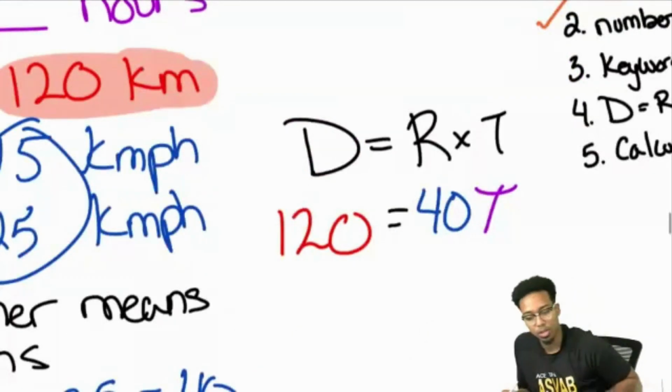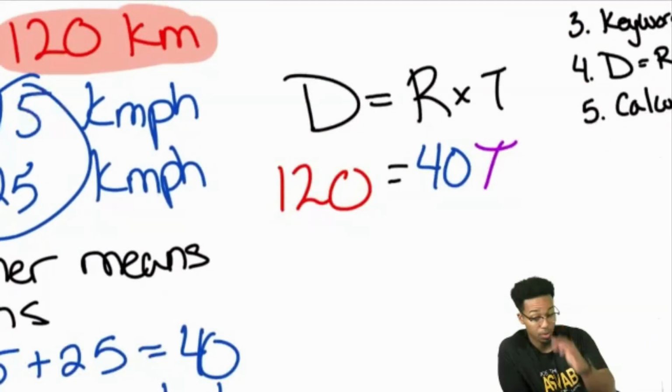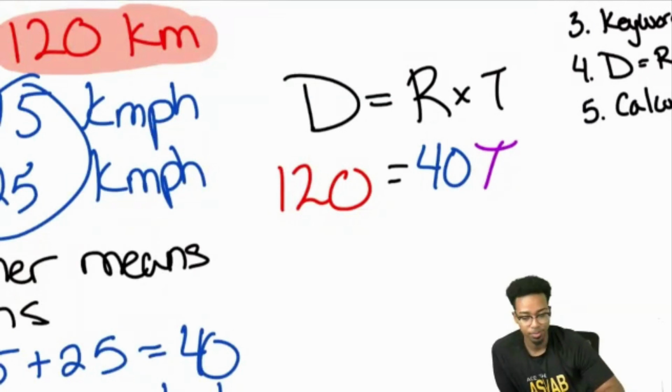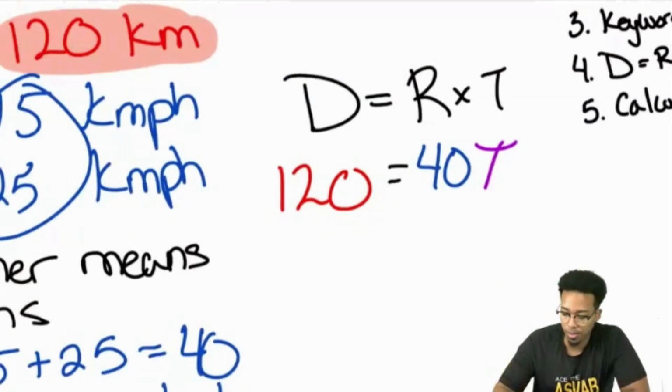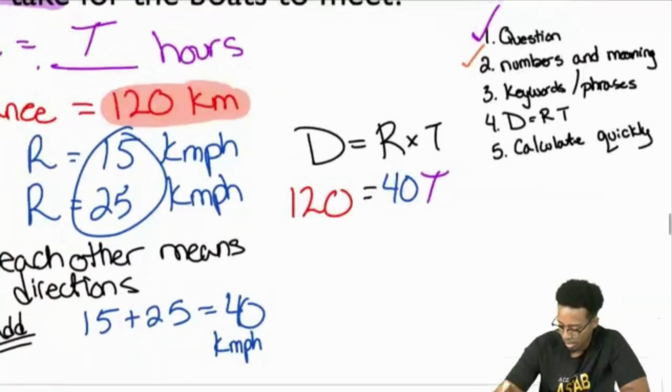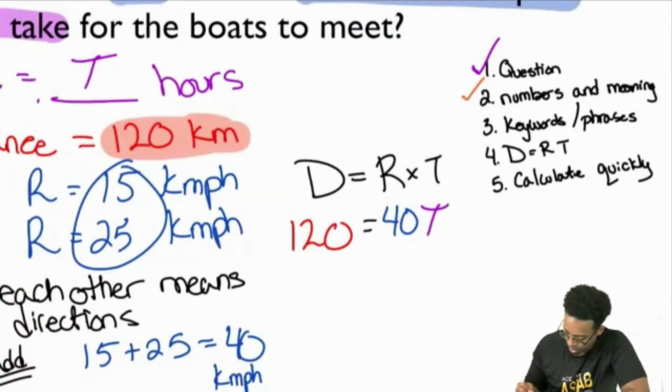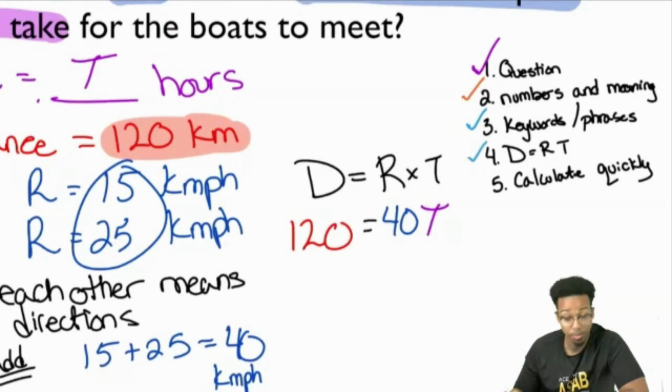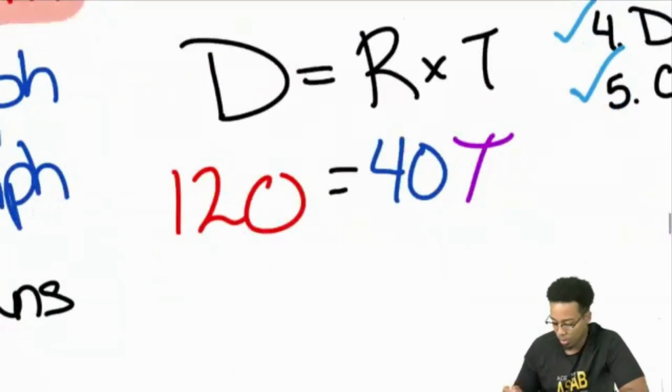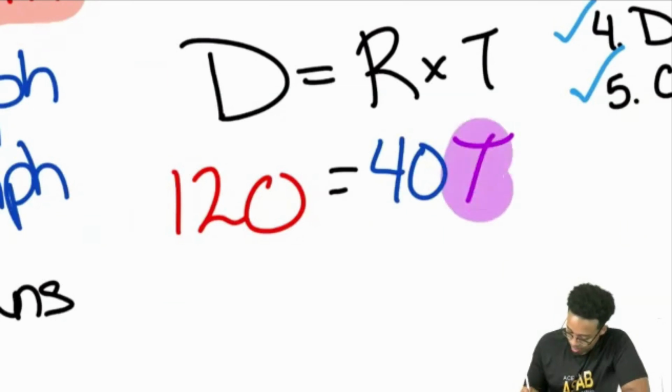So everybody, what are we going to do to solve this now? Be specific. Now we have the keywords and phrases all locked down, so that's good. But now what we're doing is we're setting up the distance equals rate times time, which is what we did. And now we need to calculate. So we need to get rid of the 40 because we're trying to get the T by itself.